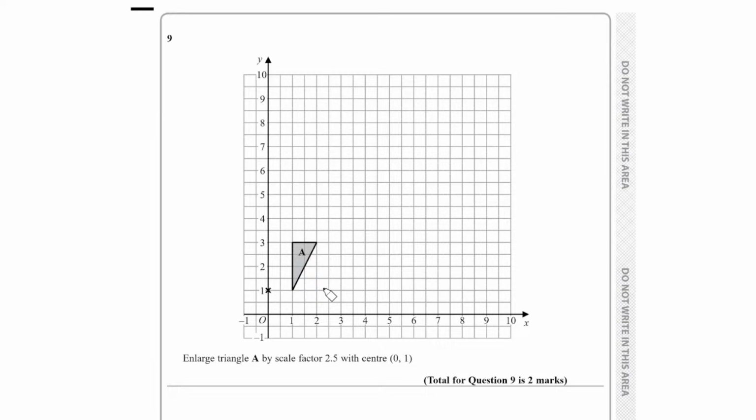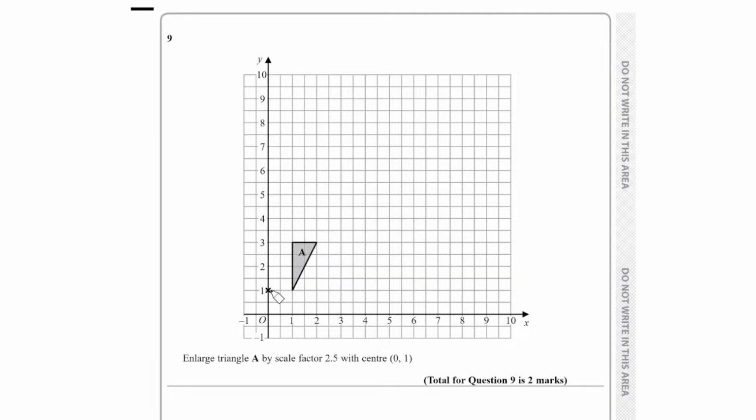What I do is I always go from the centre to the shape. So I'm going to choose the first corner, which is the closest. Because not only does my shape get 2.5 times bigger, it also goes 2.5 times further away. So it's not just the shape itself, it's the location of the shape.